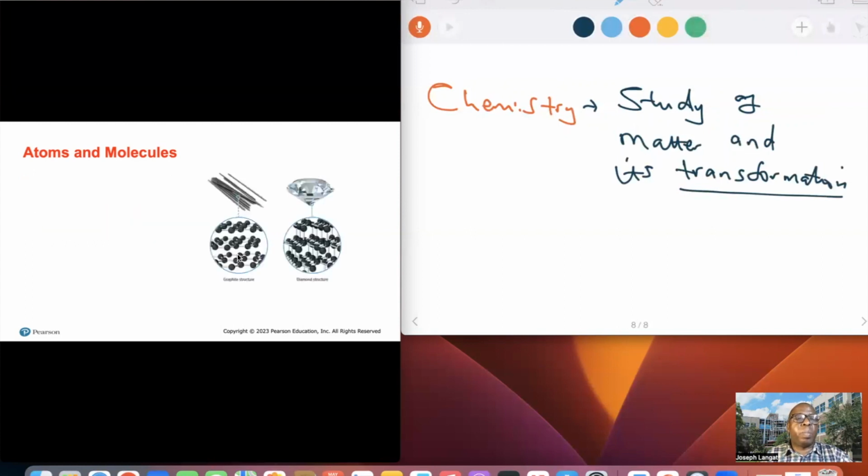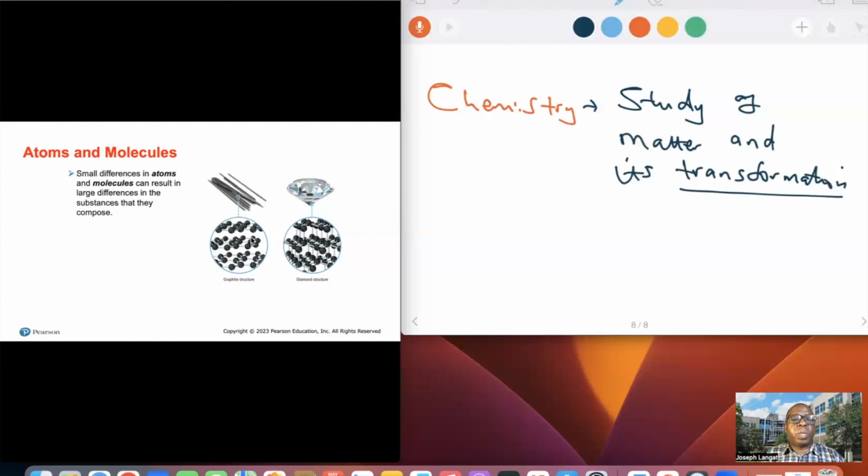For example, here you see this is diamond, and this is the graphite in a pencil. If you look at the molecular level, you see that graphite atoms are patterned in layers, but in diamond, even though both are made up of carbon atoms, a small difference in atoms and molecules can result in a large difference in substances.